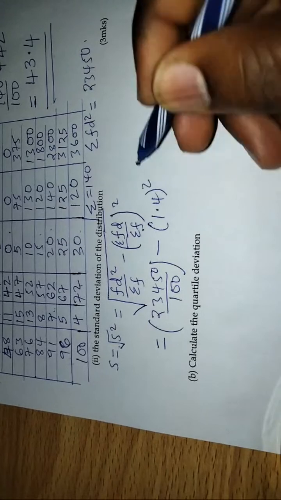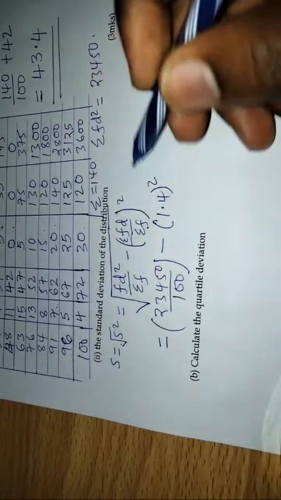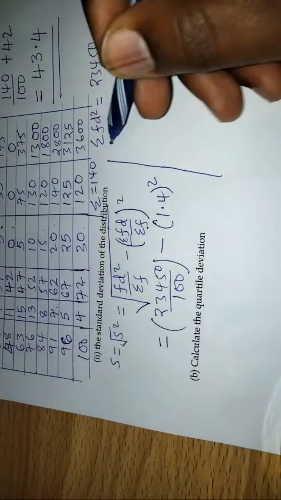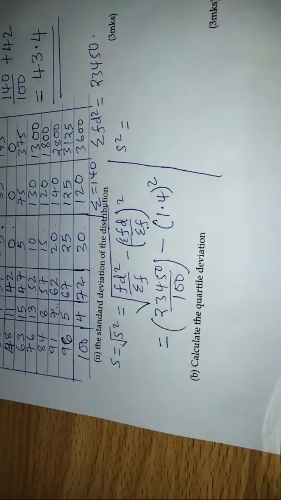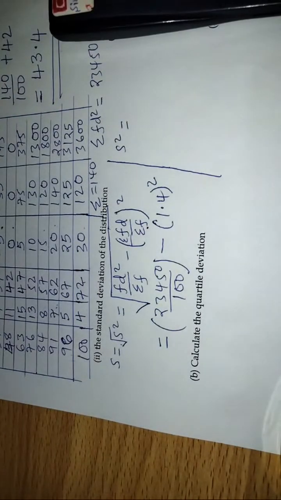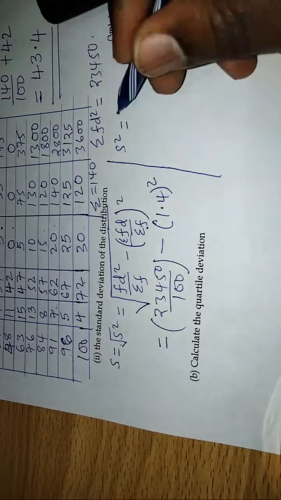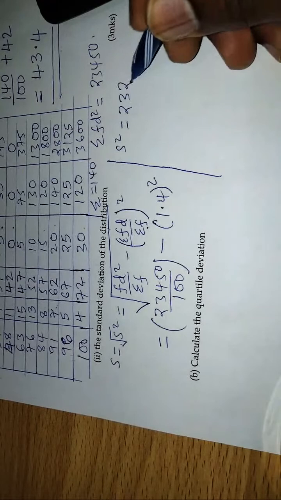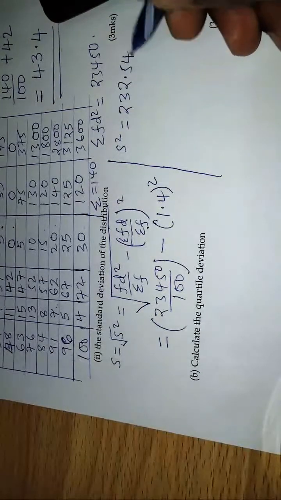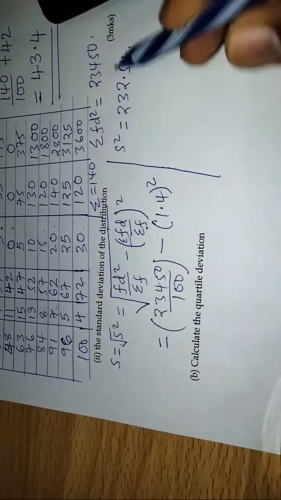But now I square it. 1.4 squared. Therefore, variance is going to be, when I divide this by 100, then now I subtract 1.4 squared. This will give me 232.54. This one is called the variance.